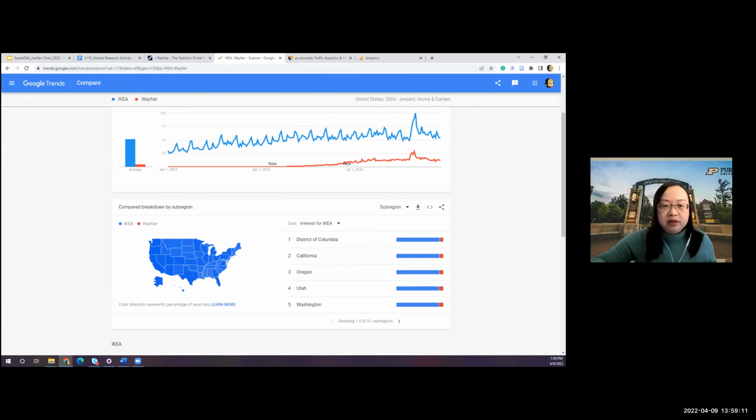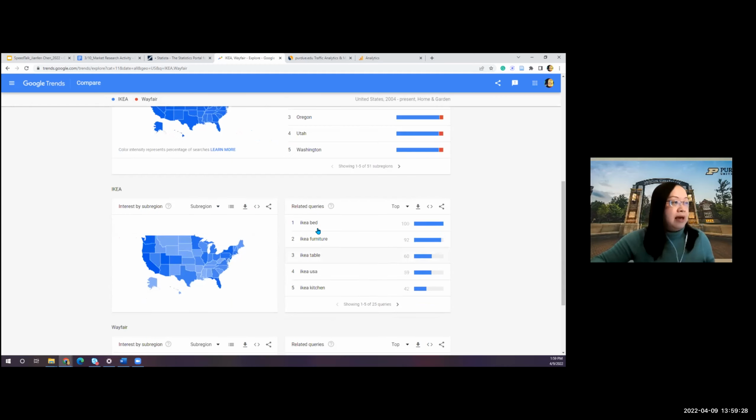It's very interesting to note that IKEA draws more attention from people in these five regions, DC, California, Oregon, Utah, and Washington, than in other regions, with the top queries being IKEA bed, IKEA furniture, and IKEA table.